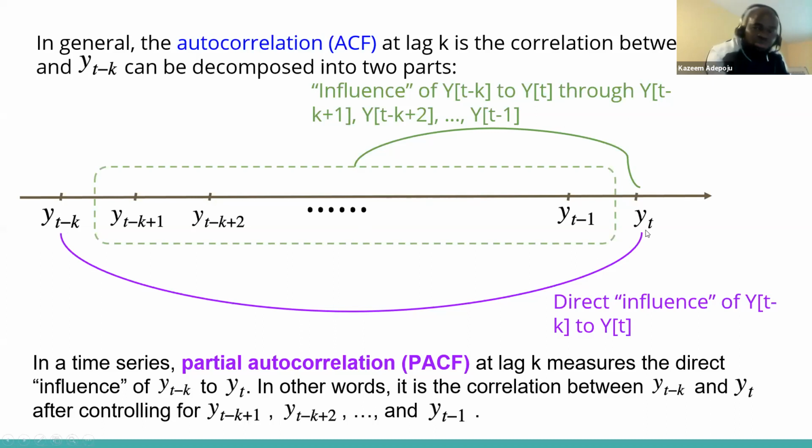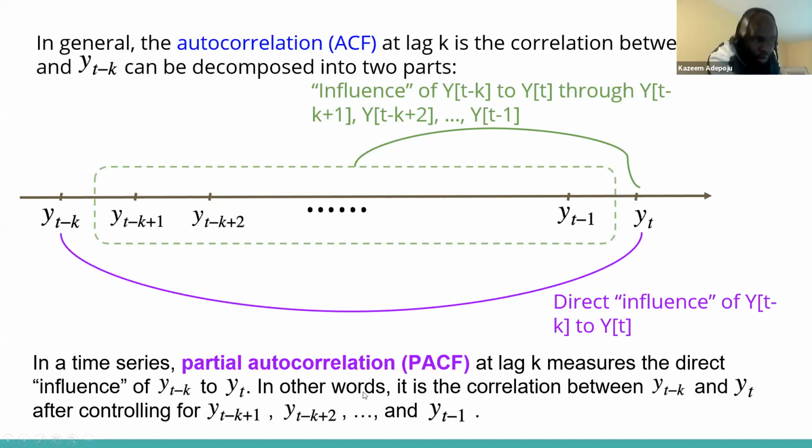We are not going to be looking at that one at a time. It's going to be the direct influence. What is the direct relationship between what I realized in January 2019 and December 2019? That is what the partial autocorrelation is actually talking about.